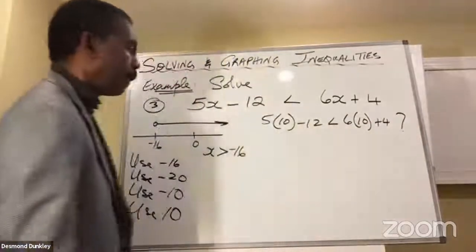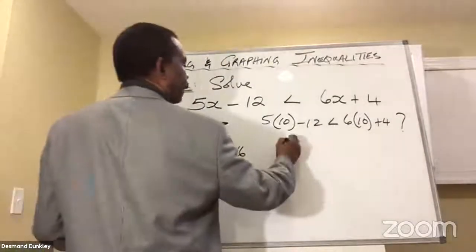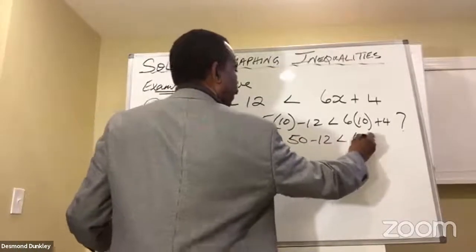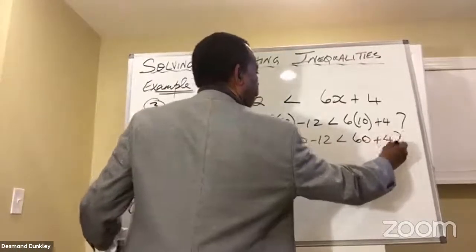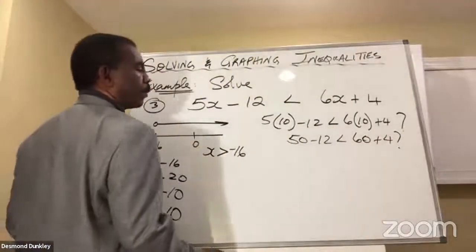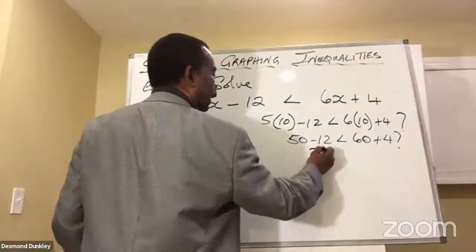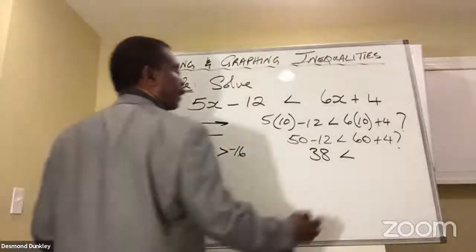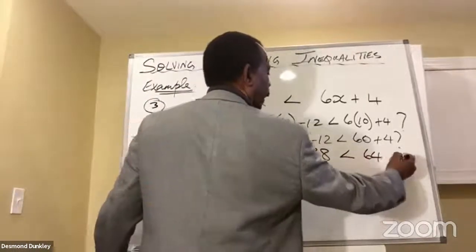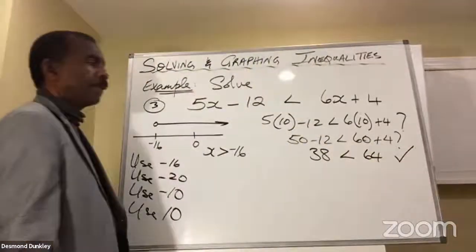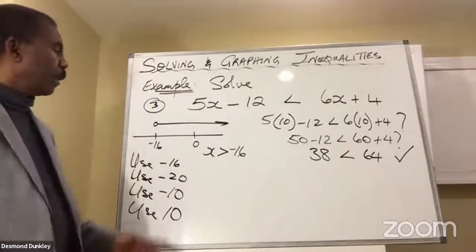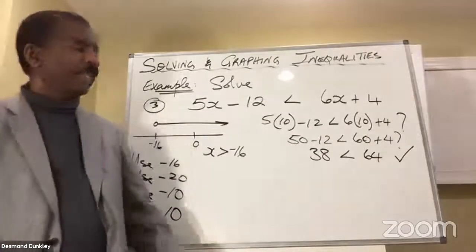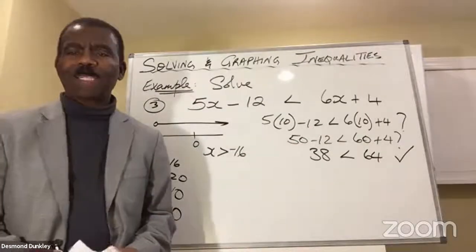That is the question. 5 times 10 is 50 minus 12. Is that less than 60 plus 4? 50 minus 12 is 38. Is that less than 64? And the answer is yes. So we have proven that what we did where we ended up changing the inequality was actually correct.